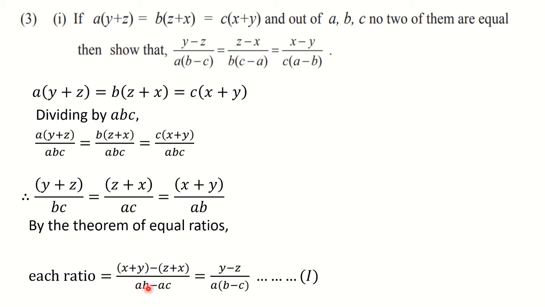First you have ab, so whatever is above ab, you write first, then the minus sign, and then the numerator of ac, that is z plus x. Did you understand how to do it? First observe this ab minus ac, write it down here, and follow the same sequence in the numerator: the numerator of ab first, minus the numerator of ac.